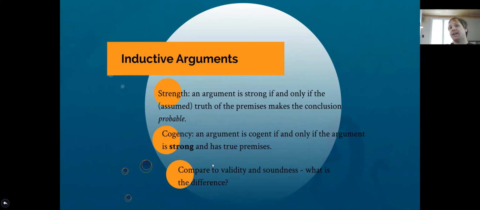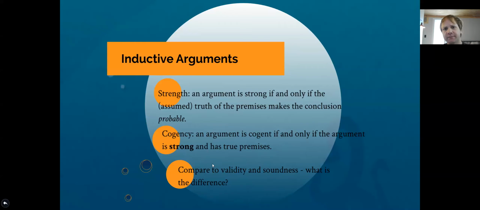Notice that validity has a hypothetical character to it: if the premises are true, then the conclusion must be true. We have no assurance that the premises are in fact true. In an inductive argument, for strength, we again have no assurance that the premises are true, just this connection between the premises and the conclusion, such that if the premises are true, then the conclusion is probably true.